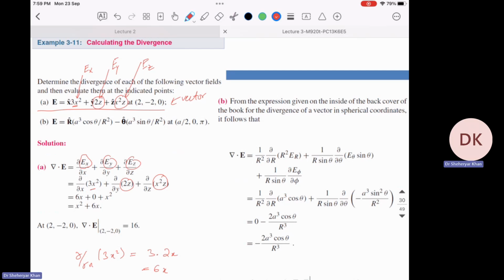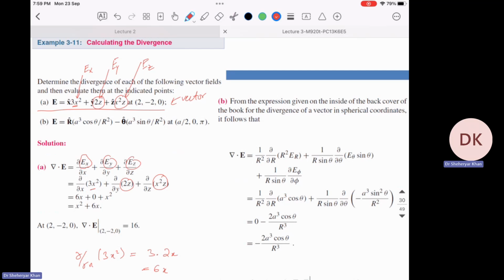Usually I give this type of question in the midterm, and many students make mistakes. They should know that the derivative with respect to y of any function except y is 0, because z is constant with respect to y, so this is 0. How about x square z? Now z is constant, x square is multiplied, so the constant should be outside.